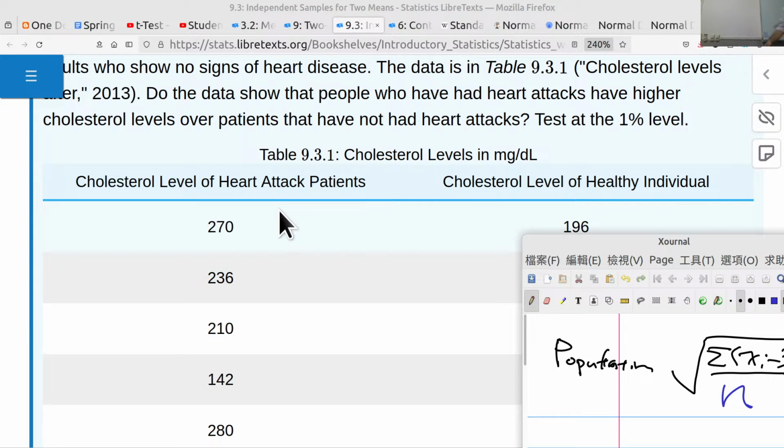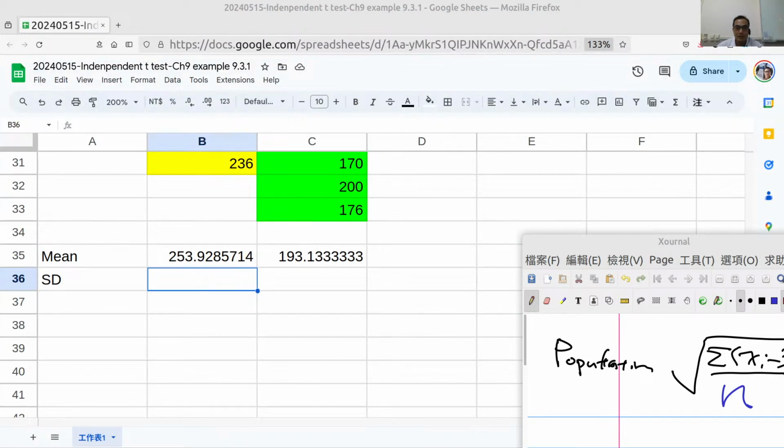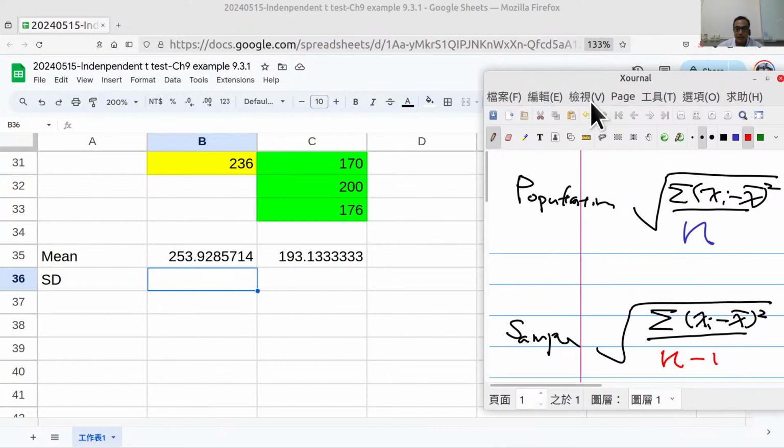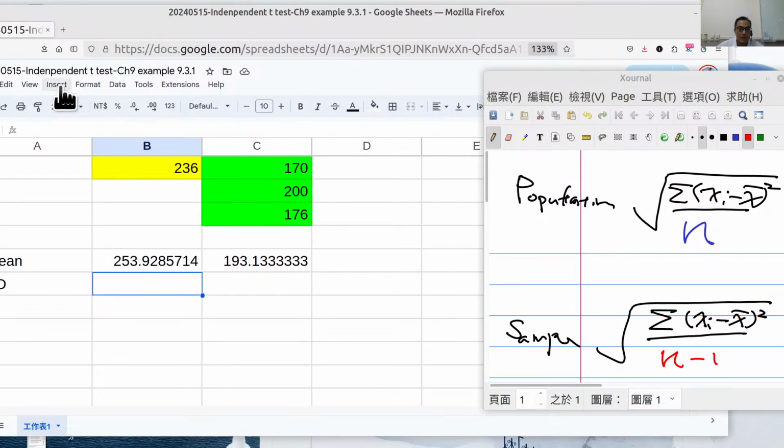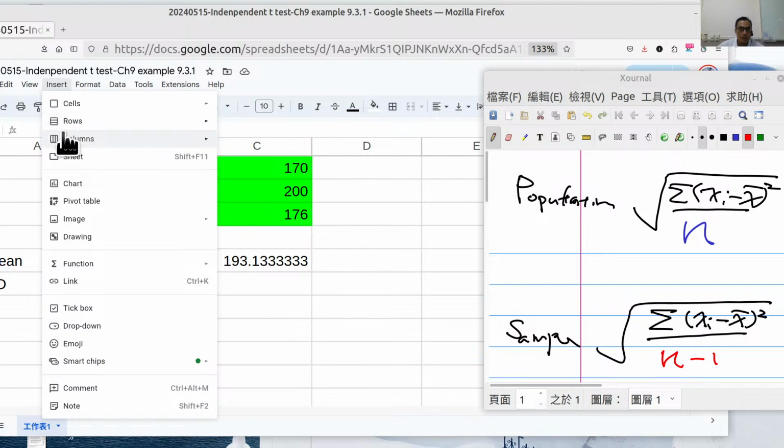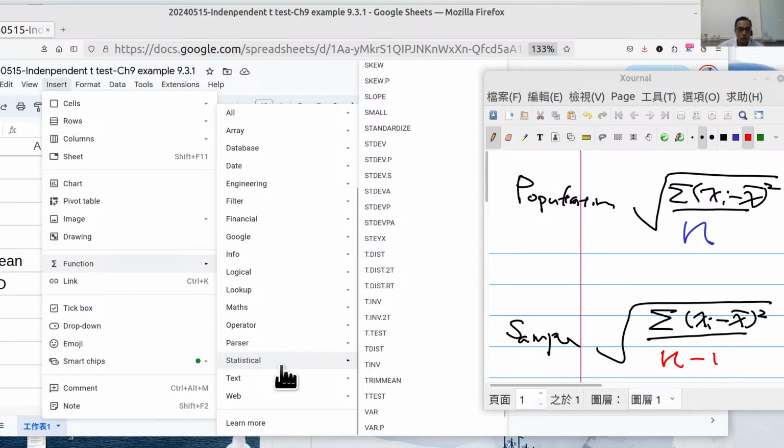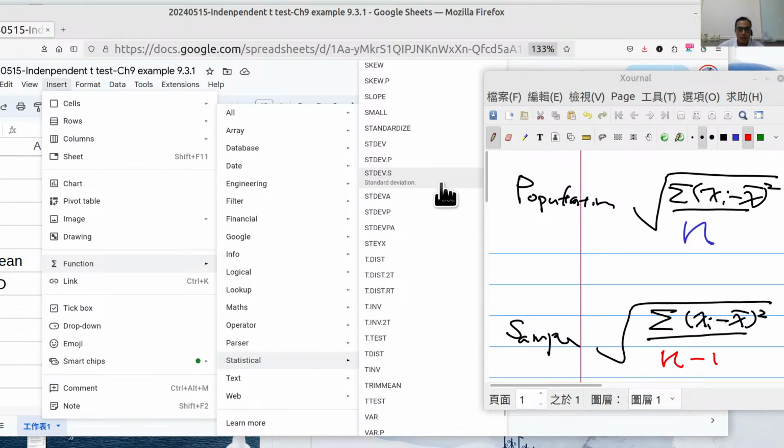Now we use the Google spreadsheet to calculate this part. Again, insert the function, go to statistical, and go to the sample standard deviation. You can see a small s for samples here, a p for population.